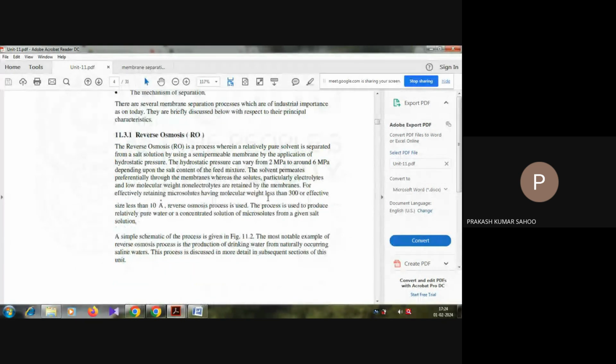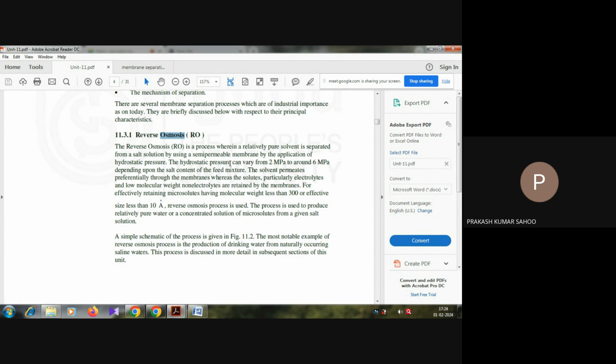The first one is reverse osmosis. In reverse osmosis, what happens? First we will discuss what is osmosis. Then we will move on; the opposite effect is known as reverse osmosis. Osmosis uses a semi-permeable membrane that allows only the solvent particles to pass through it.